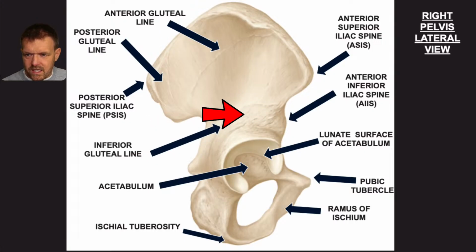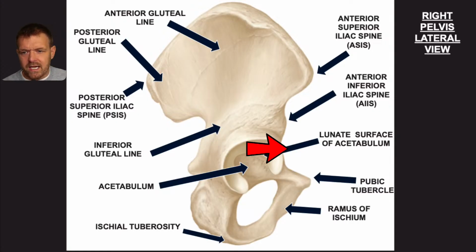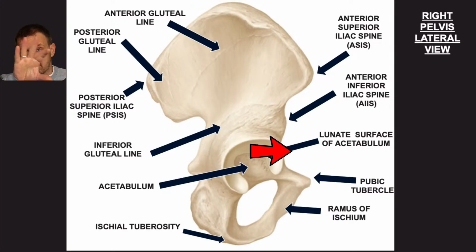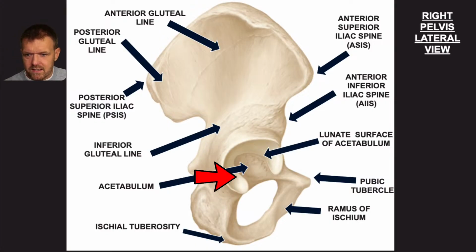Okay, so this one just above the socket, the acetabulum. So there's your acetabulum just there, and there's a couple of different surfaces on this acetabulum. We've got a lunate surface, and lunate means moon. So it's this moon-shaped crescent, really nice smooth surface of the acetabulum just here. So we get a nice glide and movement of that hip joint. There's your ischial tuberosity right at the bottom.